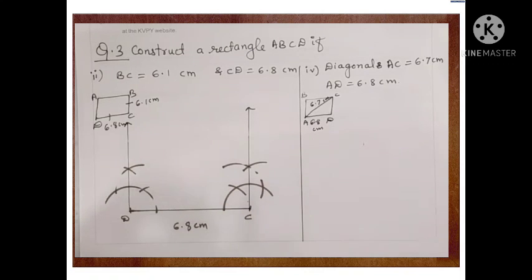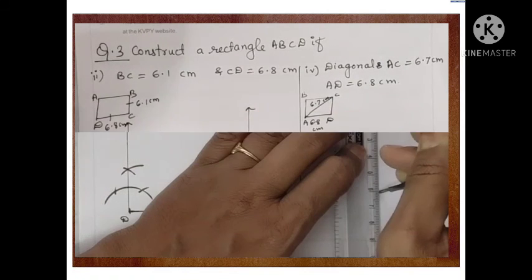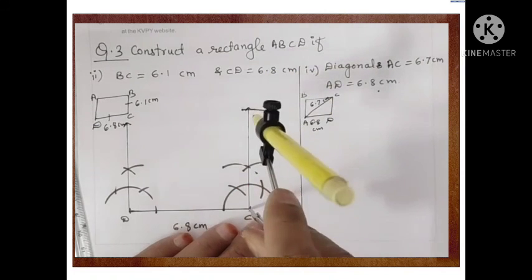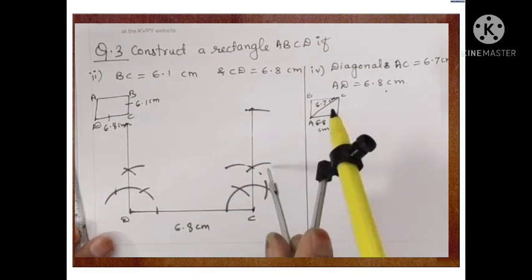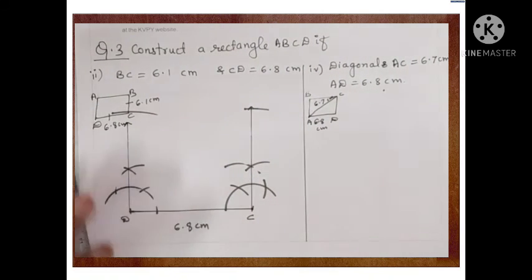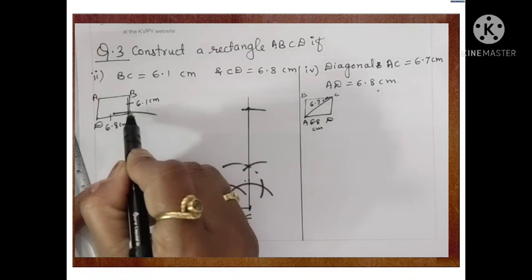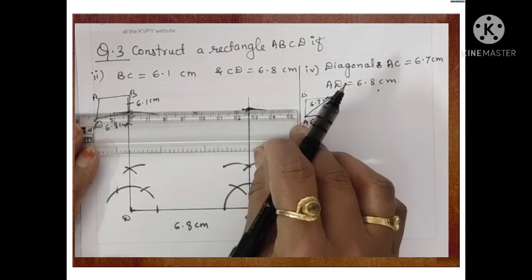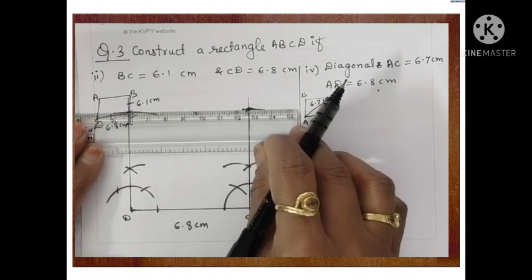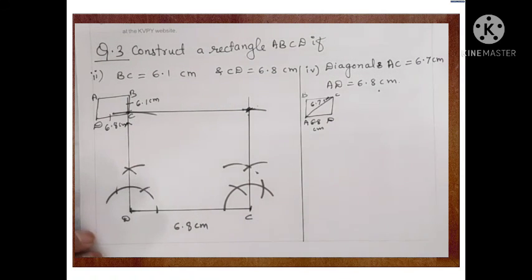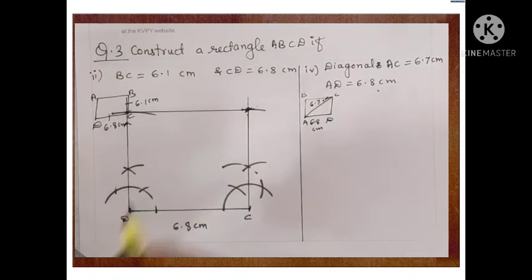As the opposite sides of a rectangle are equal, we will take the distance CD 6.8 in the compass and cut the ray from the vertex C as well as D, so that we get the point A and point B. Finally, join A and B to get the rectangle ABCD.